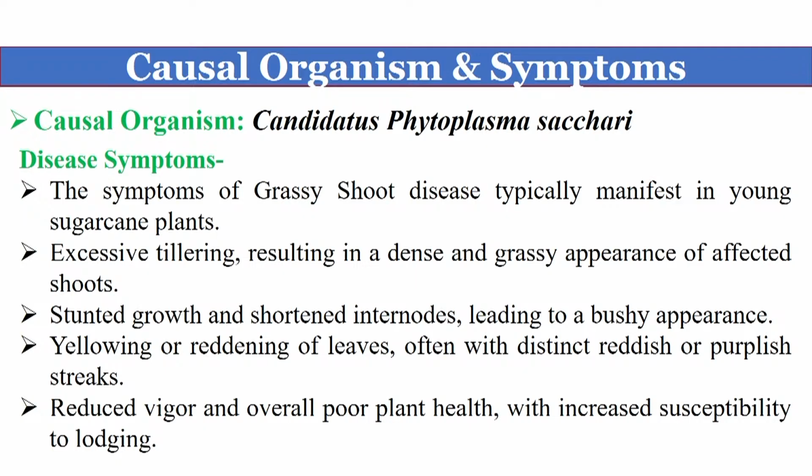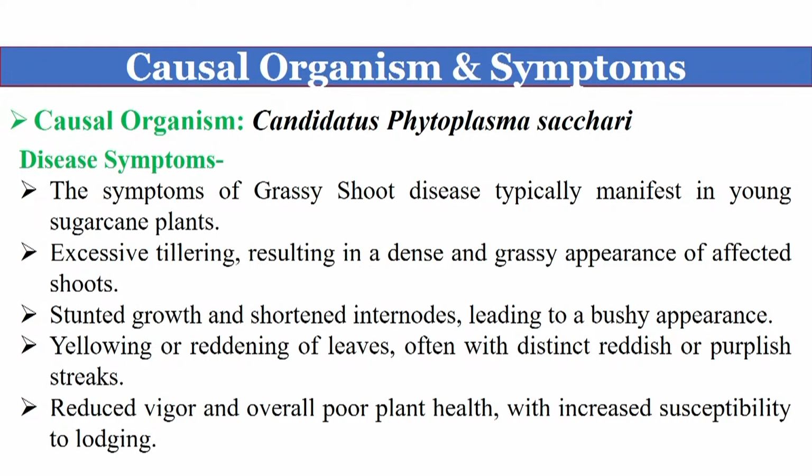And you know, the causal organism of grassy shoot is a phytoplasma. The name of the causal agent is Candidatus Phytoplasma sacchari, and you can easily identify the symptoms of the grassy shoot disease in the field. They typically manifest in young sugarcane plants.